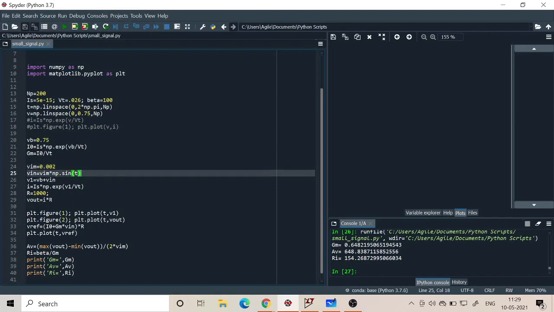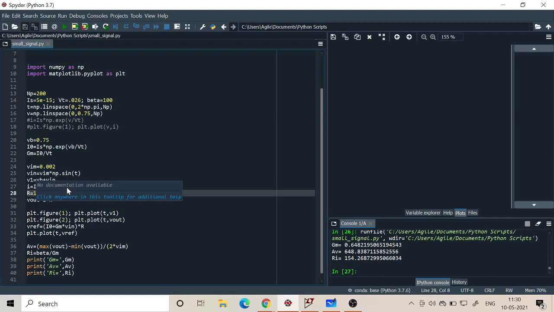So this is basically my small signal sine wave input, and I am adding that signal to my DC voltage, and now I created V1. V1 is basically my VBE, which is the sum of VB, the DC, and Vin, the AC voltage. I added those two, and that is my V1.